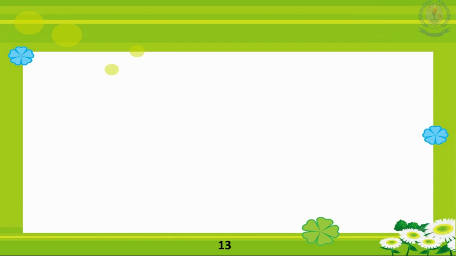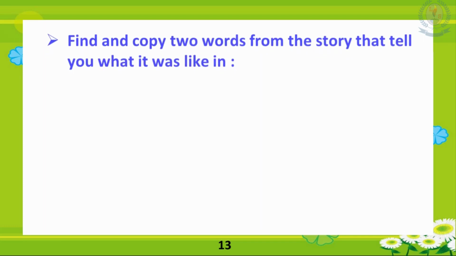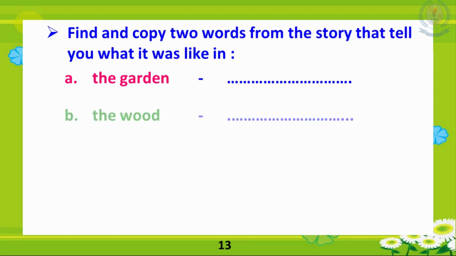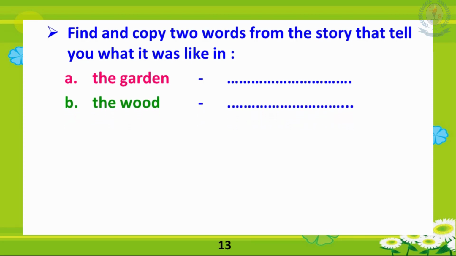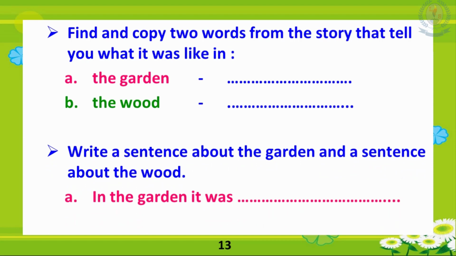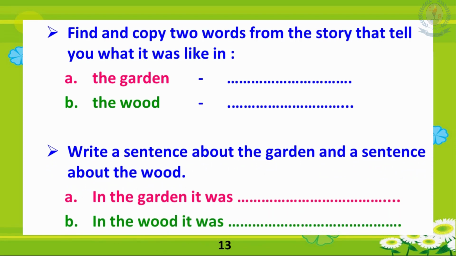My dear kids, can you remember the settings of the story? Then I am going to give you an activity to do. Find and copy 2 words from the story that tell you what it was like in the garden and in the wood. Then you have to write a sentence about the garden and a sentence about the wood.